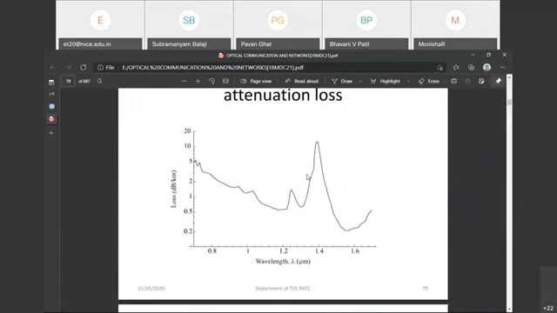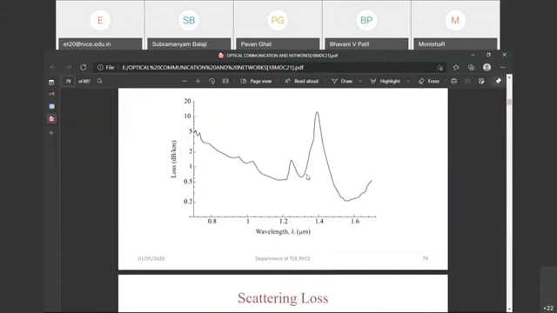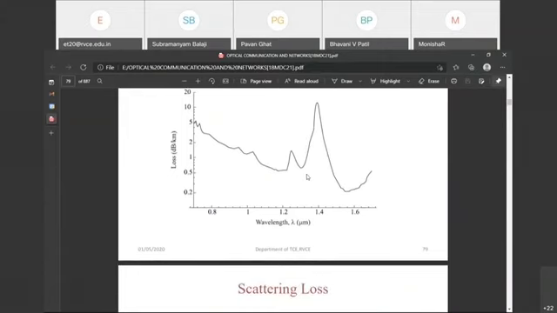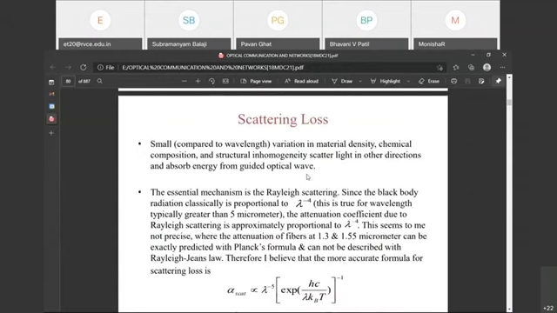So in all these wavelengths, this is attenuation loss. Now we are coming into the scattering loss. So what is actually scattering, and how do you differentiate between absorption and scattering? That is the second question.